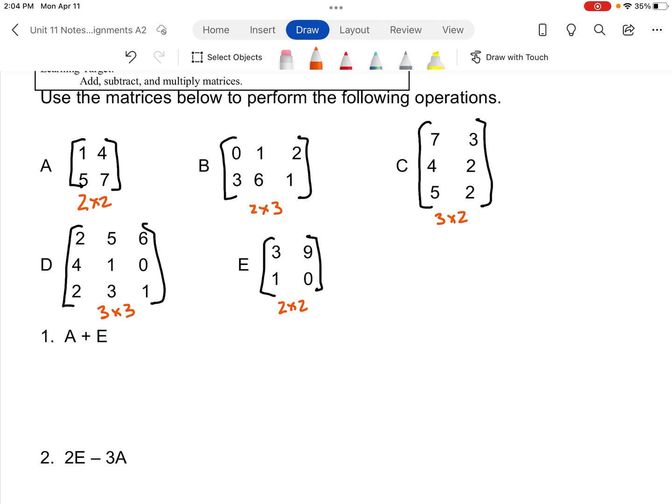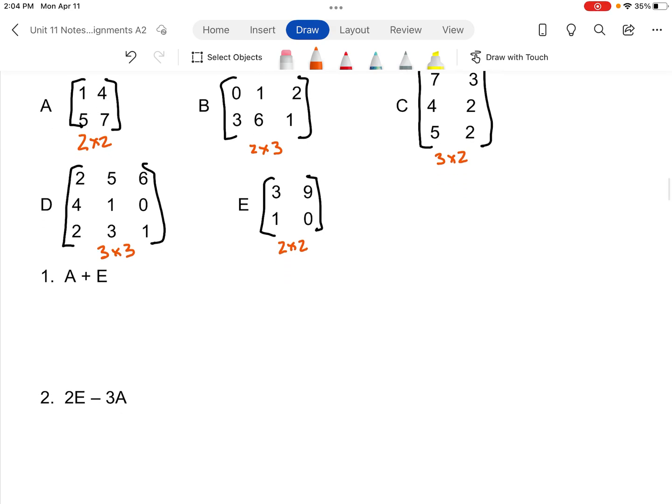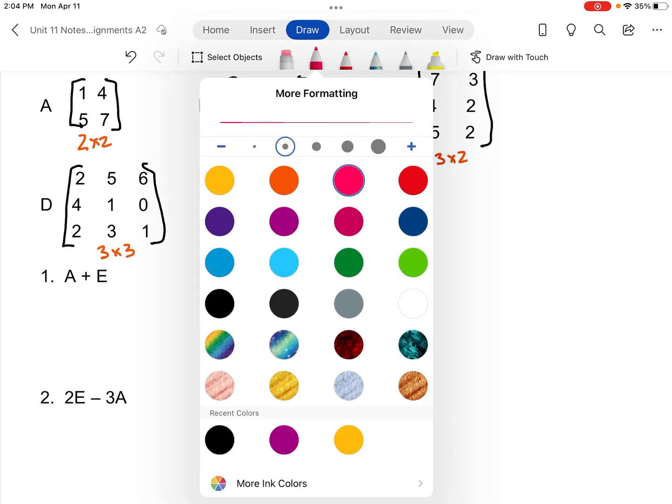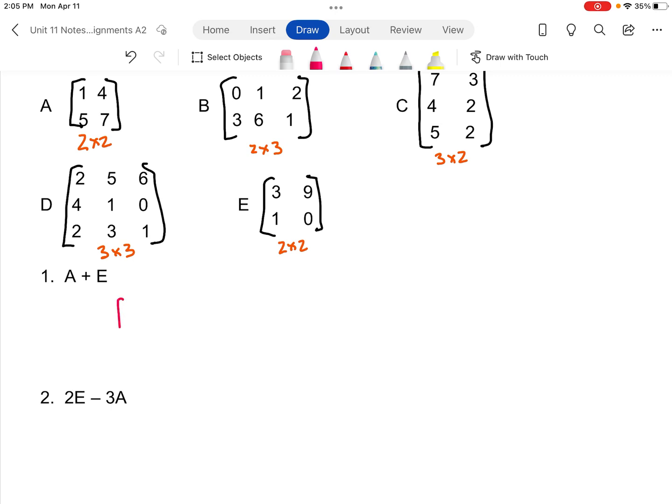Okay. So look at number 1. It says A plus E. So recall that in order to add two matrices, they have to have the same dimensions. Well, A and E do both have the same dimensions, so we can add those two matrices.